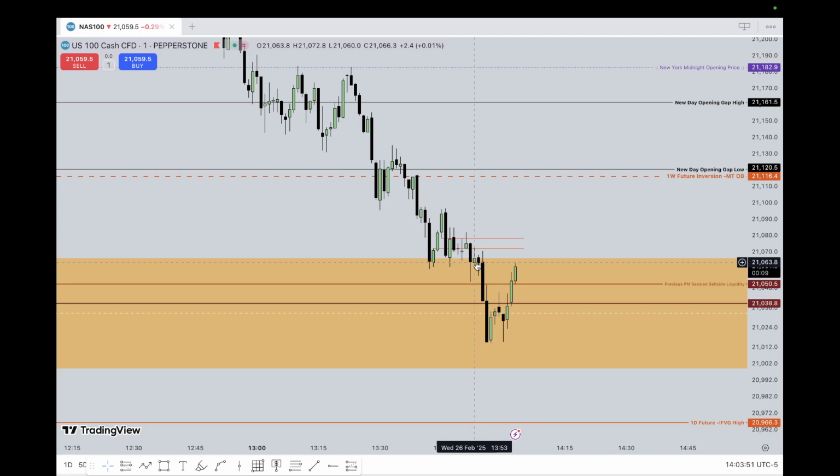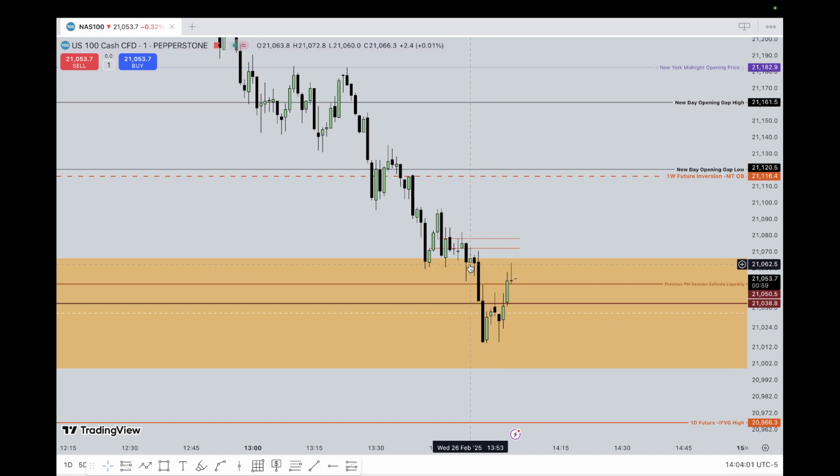This would be the point in which, if the market closed above, then I would be out if I had one more contract or multiple contracts on.